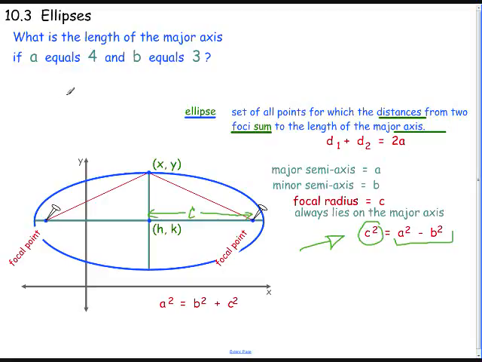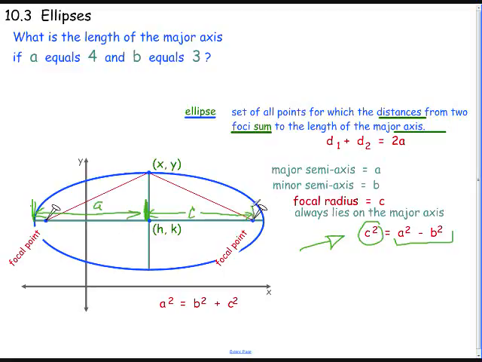What is the length of the major axis if a equals 4 and b equals 3? Remember now, a is from here to here. This distance here is a. You notice a is always longer than c.